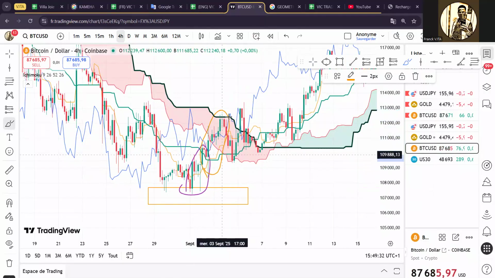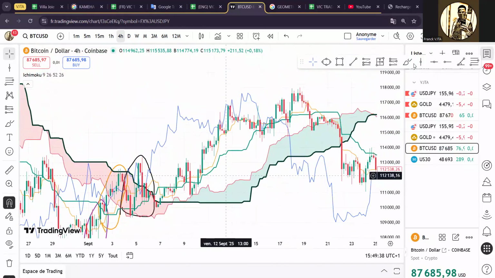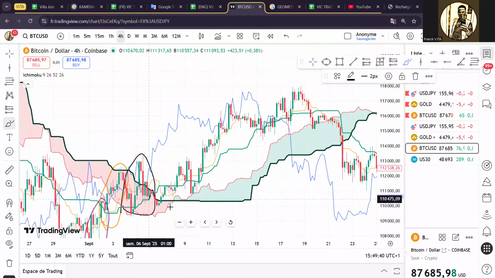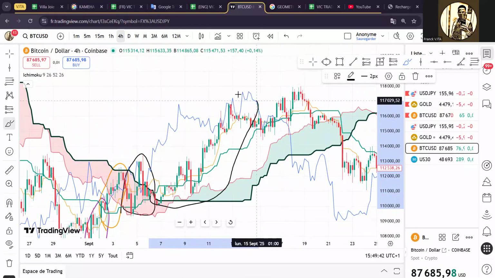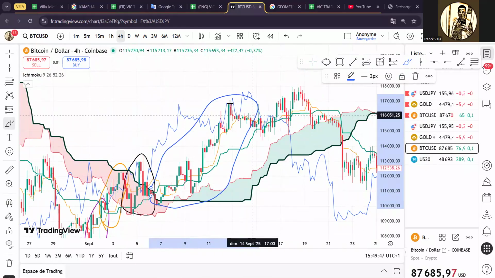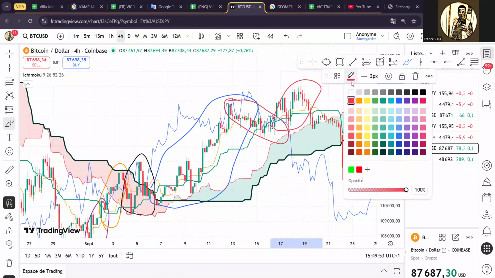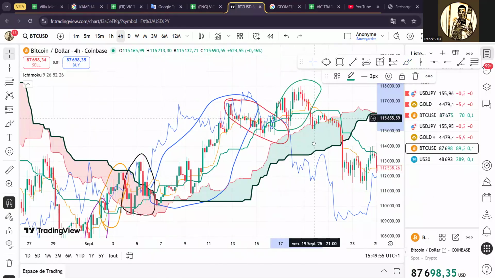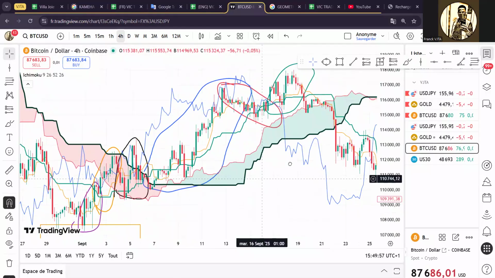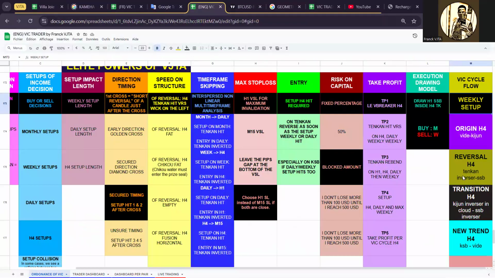Then we have the transition here. Then we have the new trend here. Then you have the correction here. Then we have the push trend at this level. So this is the whole Vjta Ishimoku cycle.